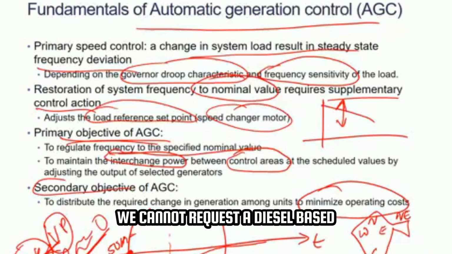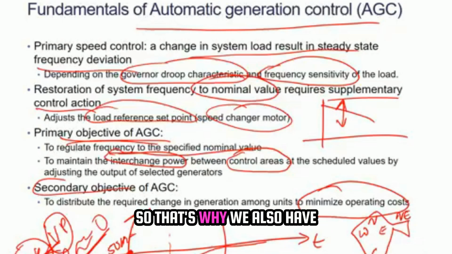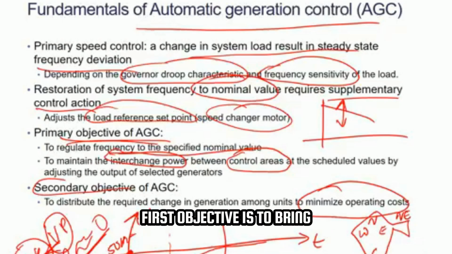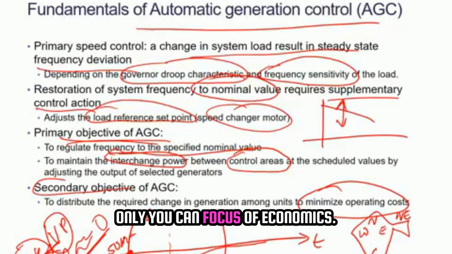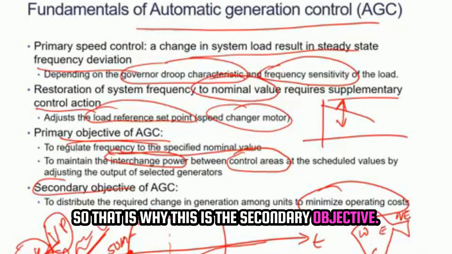We cannot request a diesel based generator to satisfy that. It is easy and always available, but diesel is costly, we do not want to do it. Obviously the first objective is to bring the frequency back to nominal value. Once everything is stable, only then can you focus on economics. If it is not, then you cannot consider economics. That is why this is the secondary objective.